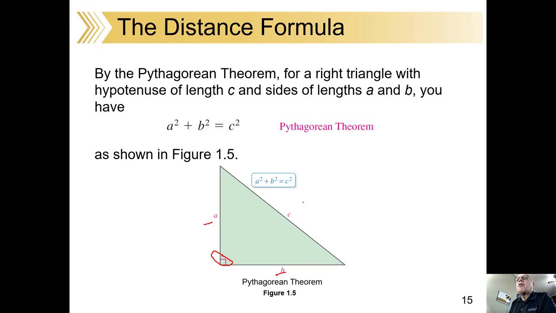The third one, c, is the longest side. It's called the hypotenuse. A and b are the legs, and c is the hypotenuse. Make sure you get the legs first, square each of those, add them together, and that'll be equal to the square of the hypotenuse.